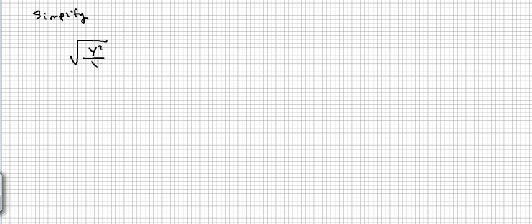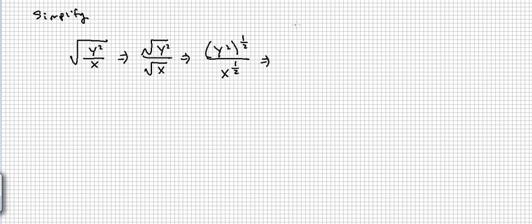y squared over x? Well, we can use our exponent rules and our root rules to say this will be square root of y squared over square root of x. This is going to simplify down into, what would that be? That would be y squared to the 1/2 over x to the 1/2.